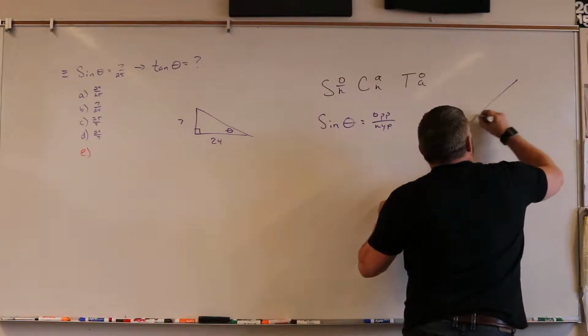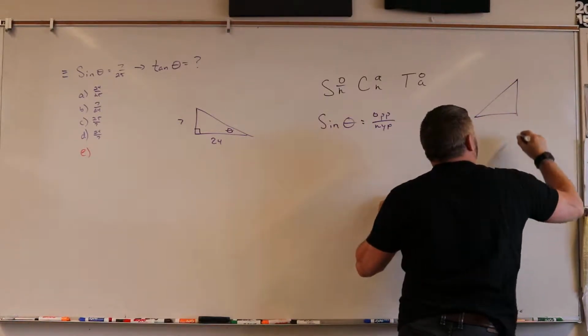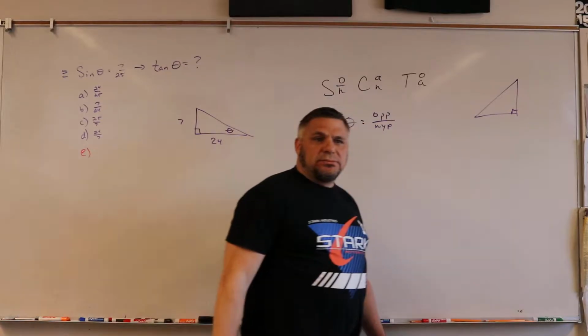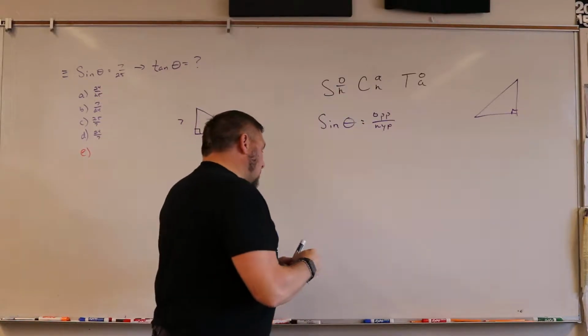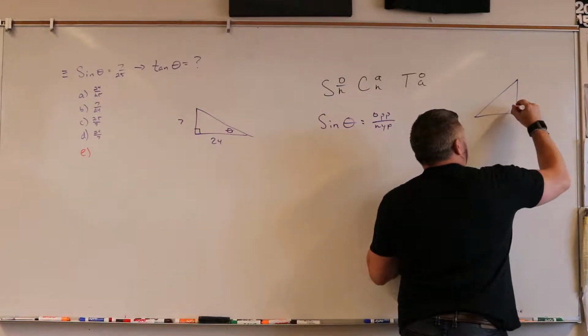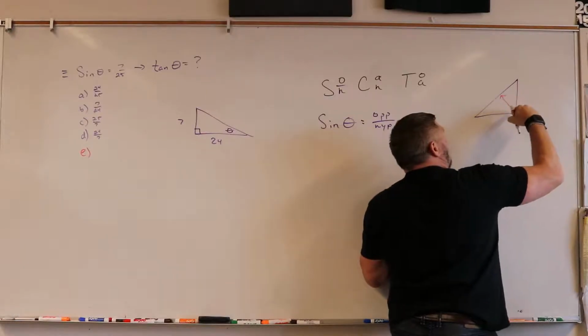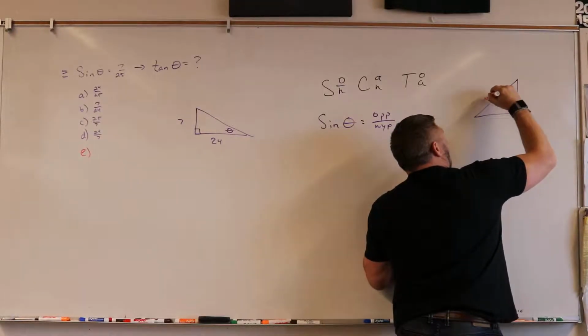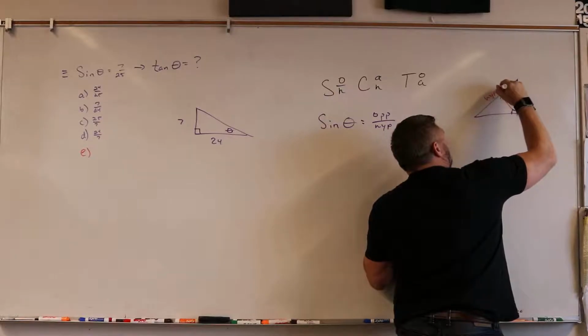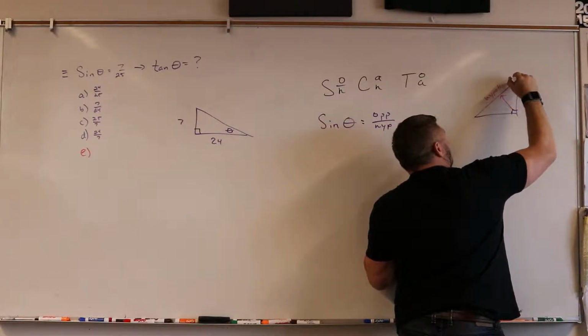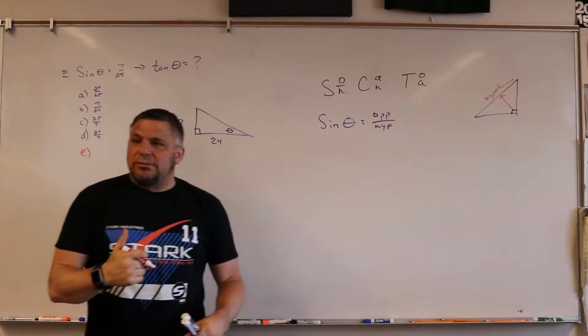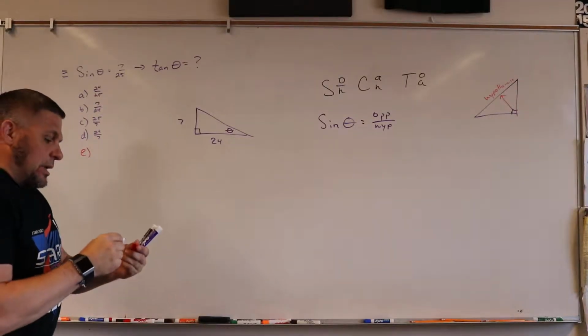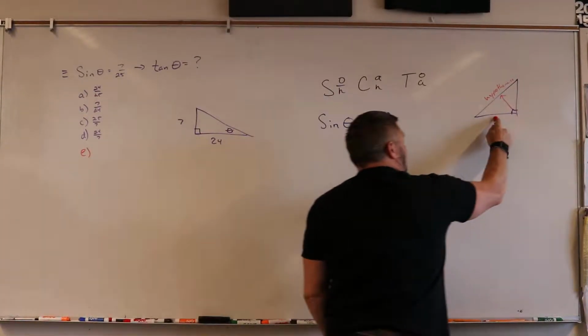What that means is, if we have a right triangle, we know that the side opposite of the right angle is the hypotenuse. And we know that these are sides.